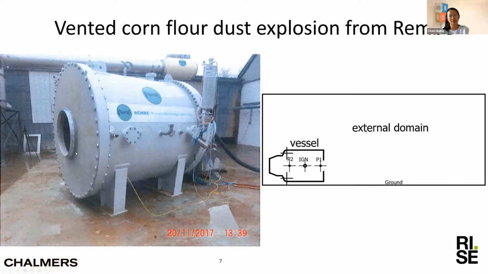This opening is closed with a very thin aluminum foil, which will be activated when the overpressure is above 0.1 bar, and the purpose is to limit the increase in overpressure, to protect the equipment. On the right hand side is the simulation domain, where this is the vessel, and to simulate the venting process, the external domain is also included.